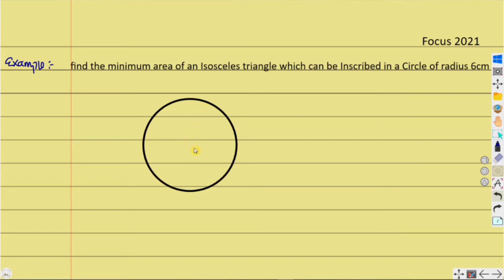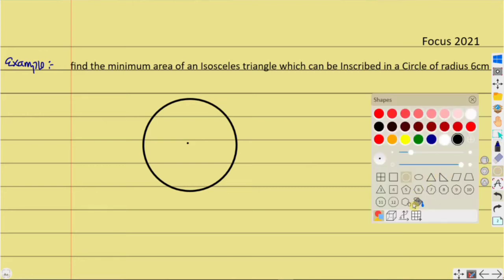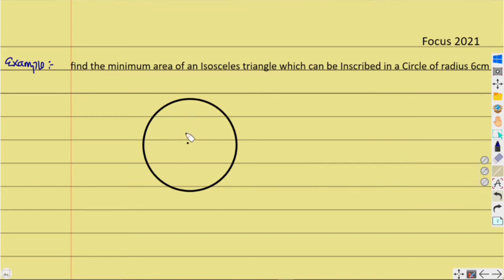So let me just go with a rough sketch and not an exact value. I will take that as the center of my circle, and from that place I can decide to draw out the radius. The distance from the center to any part of the circle is going to give me the radius. I hope students still remember all these short things we learned in early classes. So here is going to be the radius, which was given to be 6.